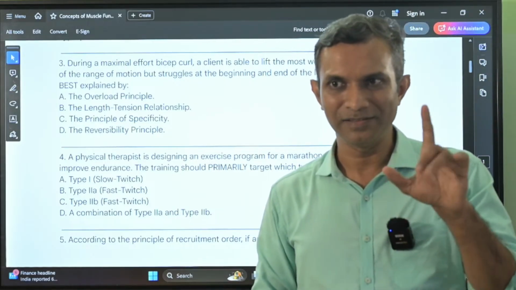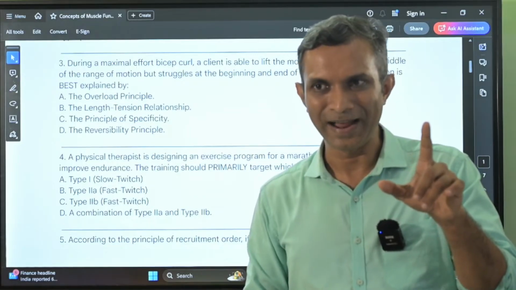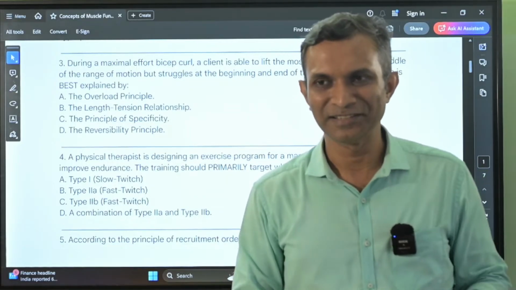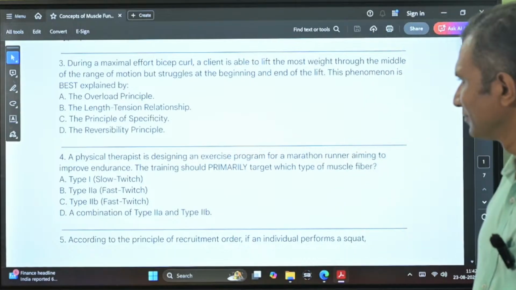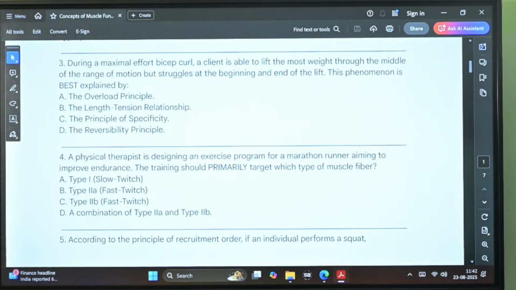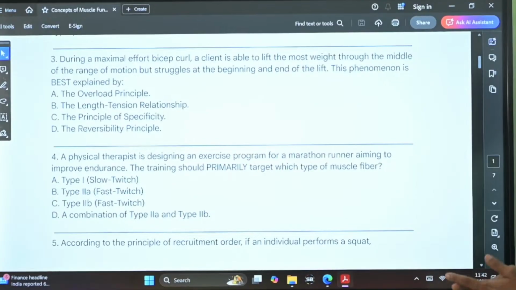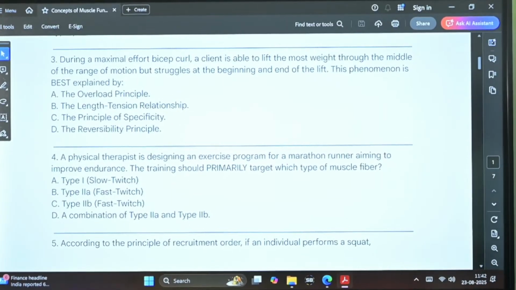And this should be easy for you, provided you had listened to the discussion carefully. So take your time. Our technical team will zoom into that aspect. Question number 3, A, B, C, D. Select the best choice.